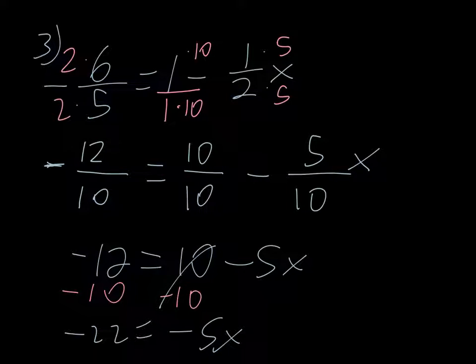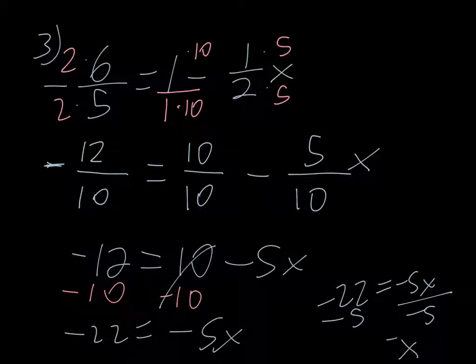We divide both sides by negative 5. And that's going to give you a fraction that you don't like, but it's 22 over 5 is the final answer there. That'd come out to be, what, 4.4, I think? We're done.